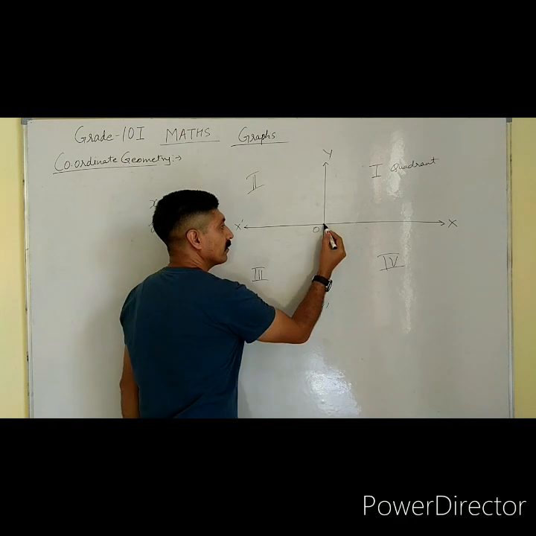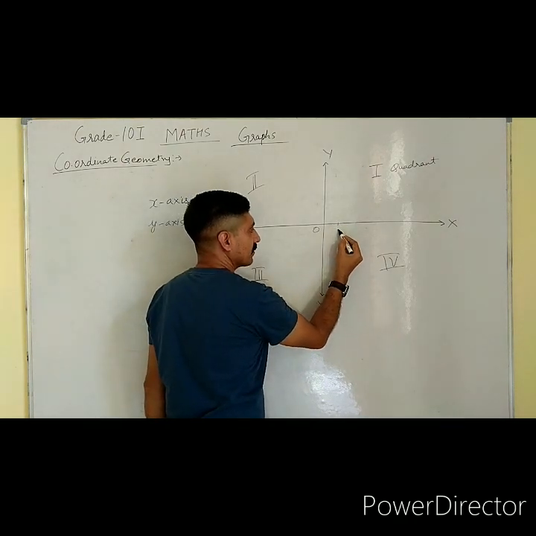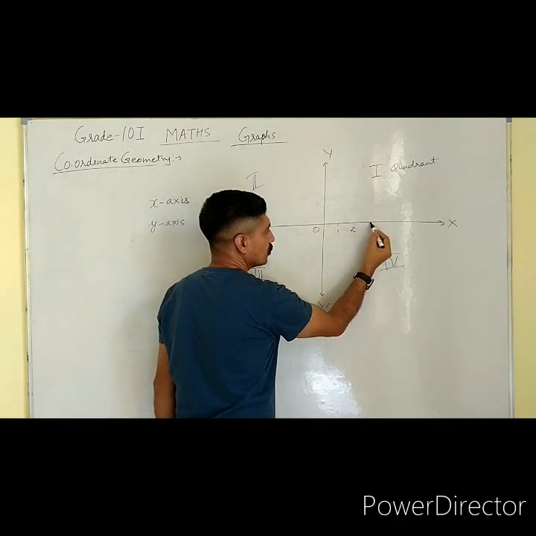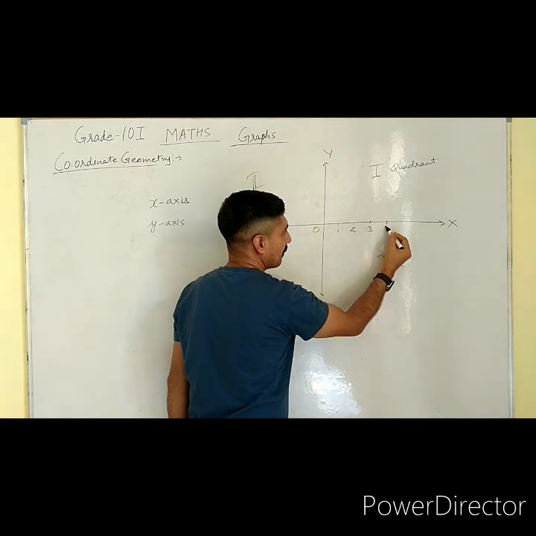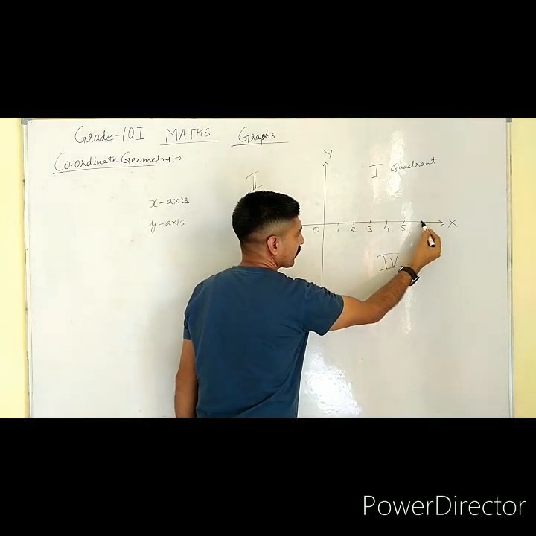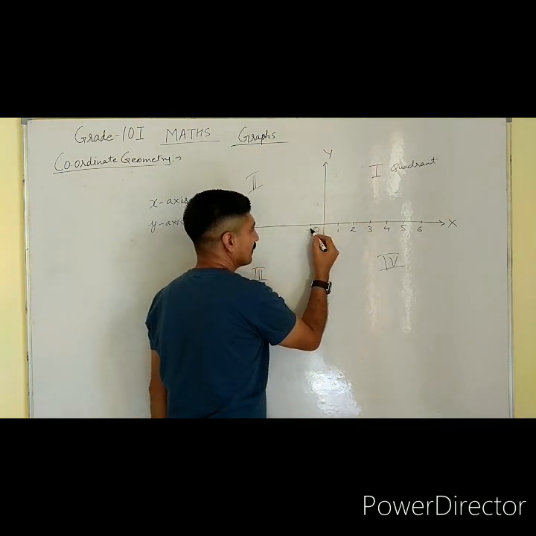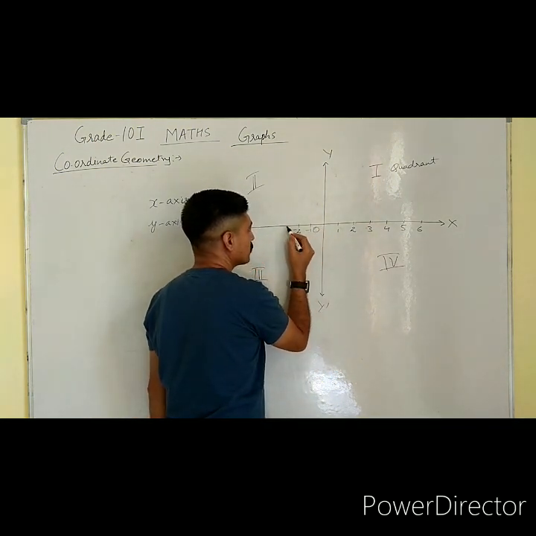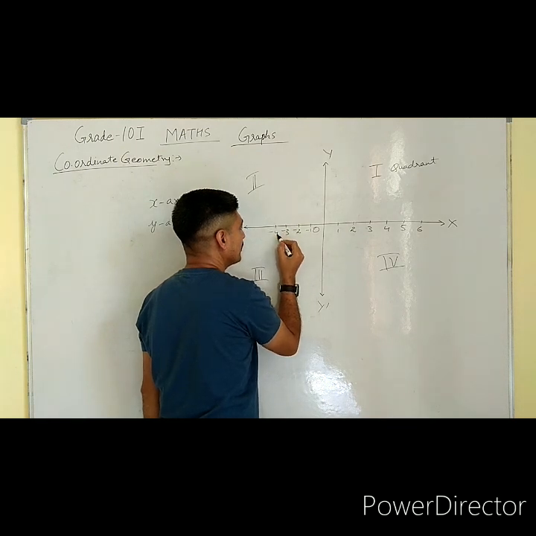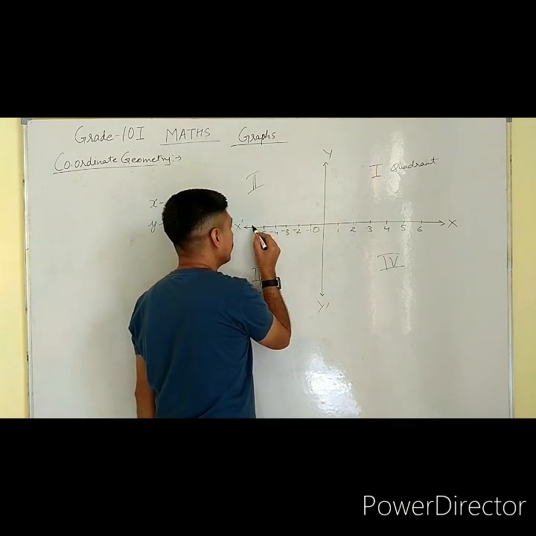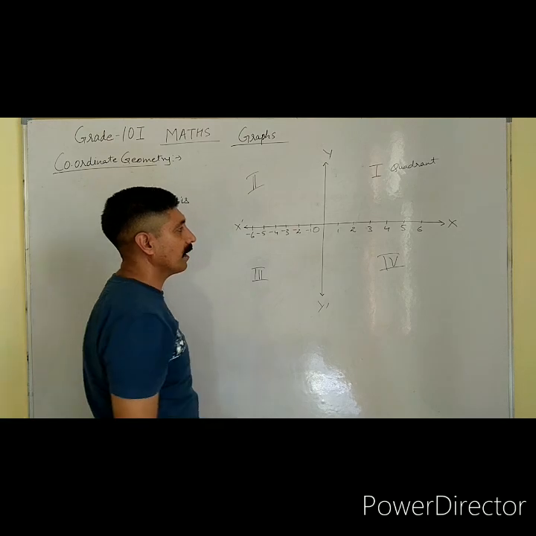And here towards the right hand side, 1, 2, this is the number line here, 1 unit distance, and towards left, -1, -2, -3, -4, -5, -6, so on up to infinite.